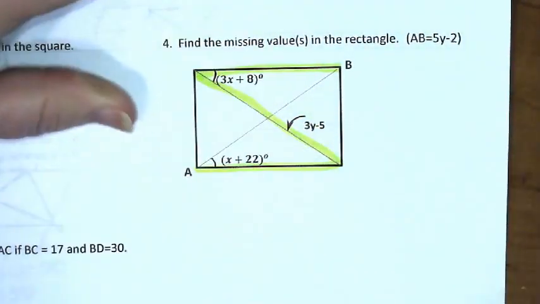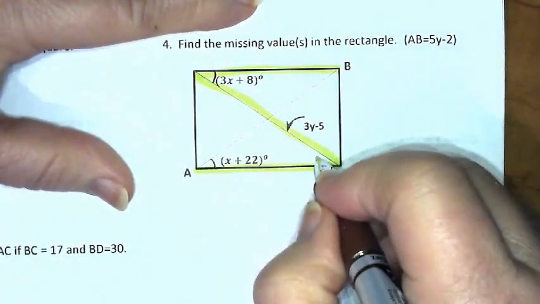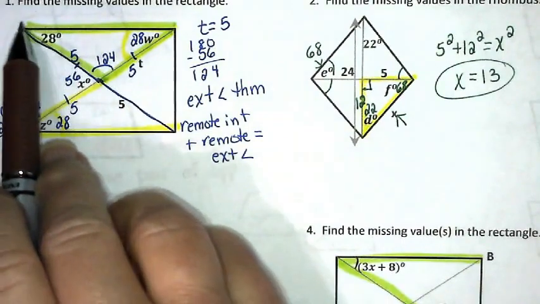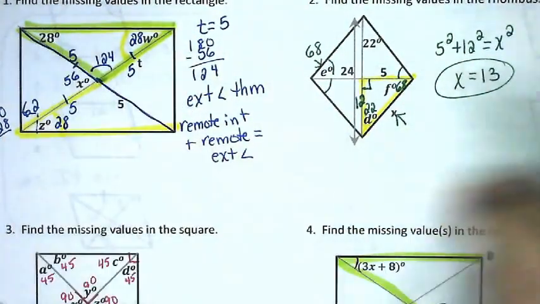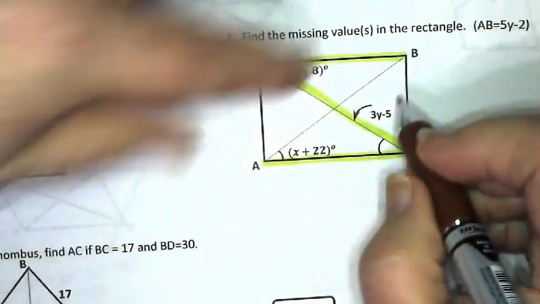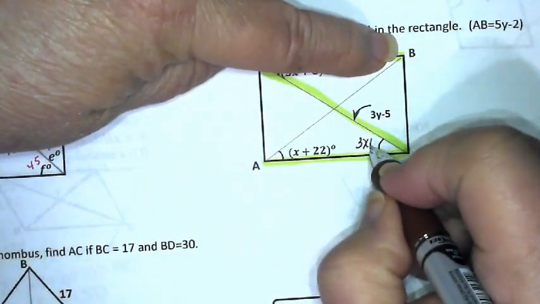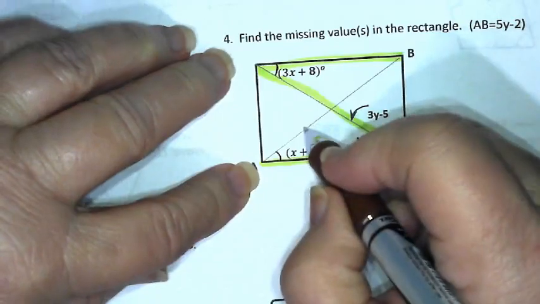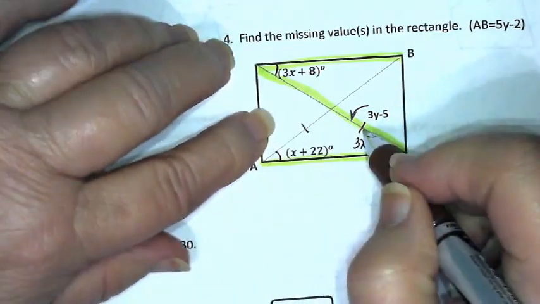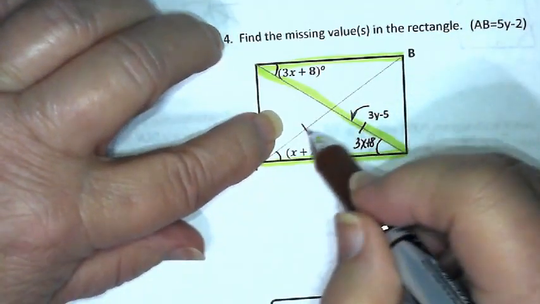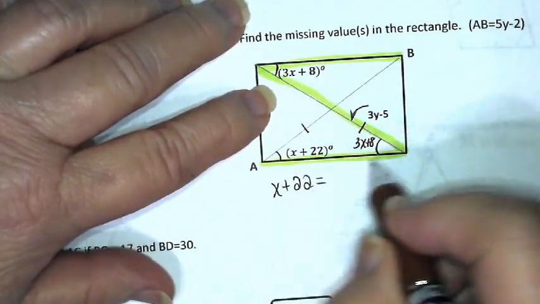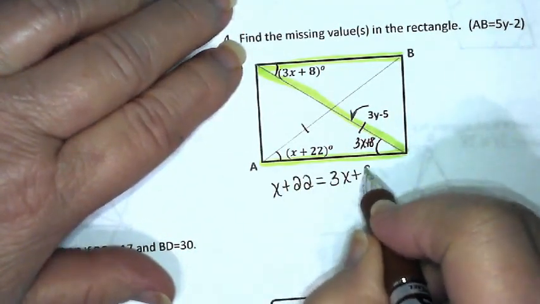So I know that 3x plus 8 is congruent to this angle. And if you remember from our previous picture, we talked about this being an isosceles triangle. So if this angle also measures 3x plus 8, this triangle down here, because remember those diagonals were congruent and then cut in half, so I can simply say that x plus 22 has to equal 3x plus 8.